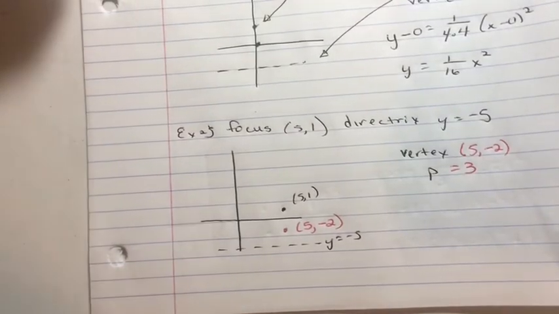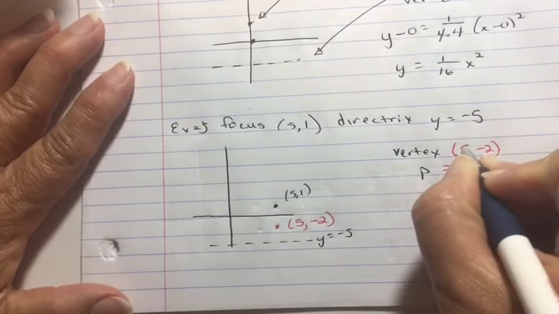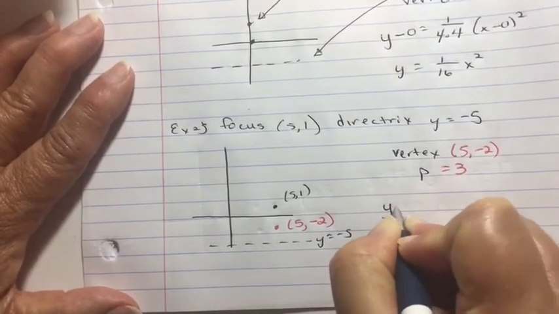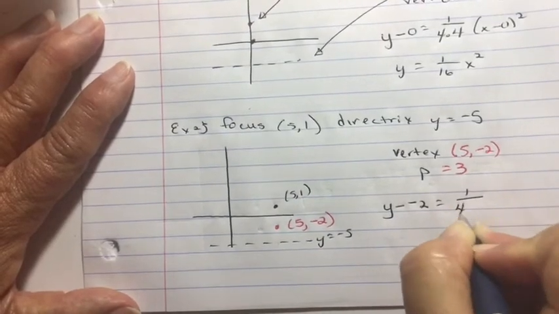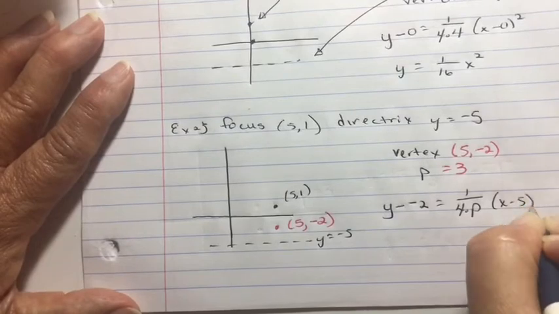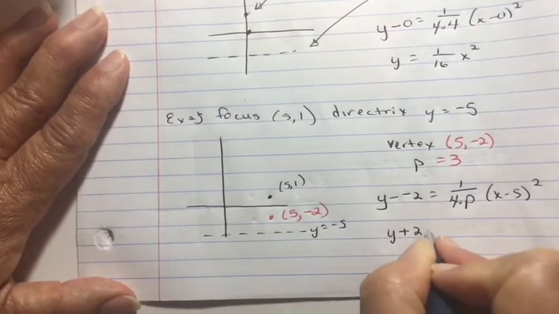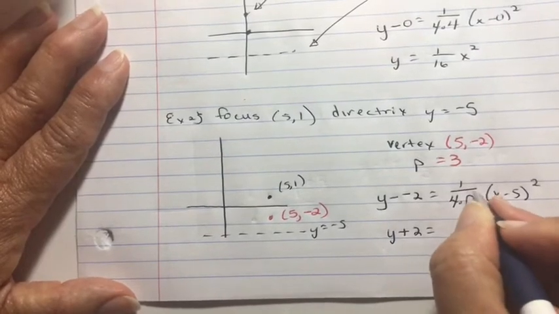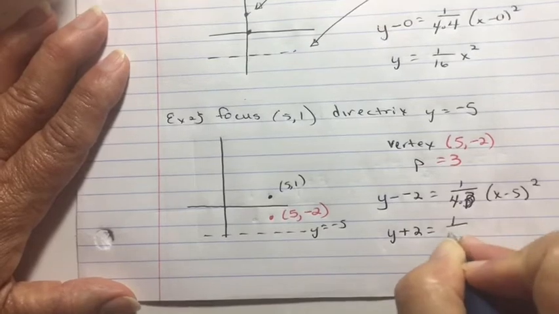Now I have all the information and I'm ready to put it into the formula. So remember, this is (h, k), so y minus negative 2 equals 1 over 4 times p, parentheses, x minus 5 squared. And let's just make that look a little prettier. Well, the p, by the way, was a 3. I should have put the 3 in here. 4 times 3 is 12, so 1/12.